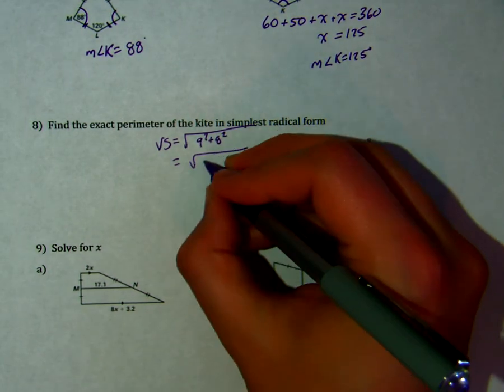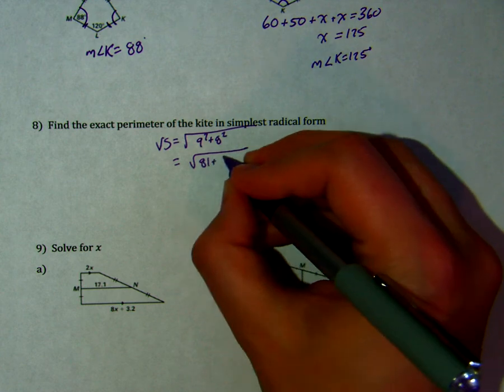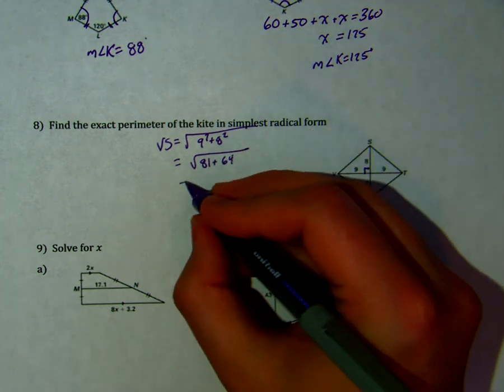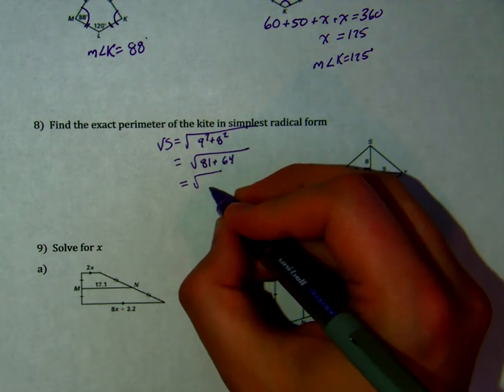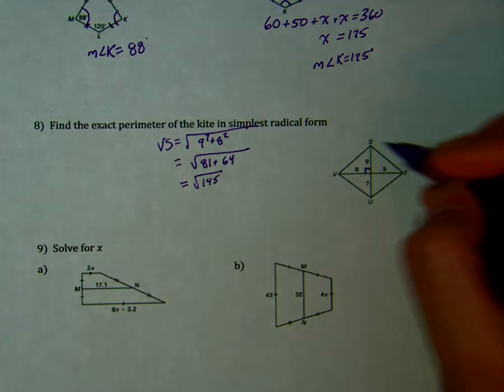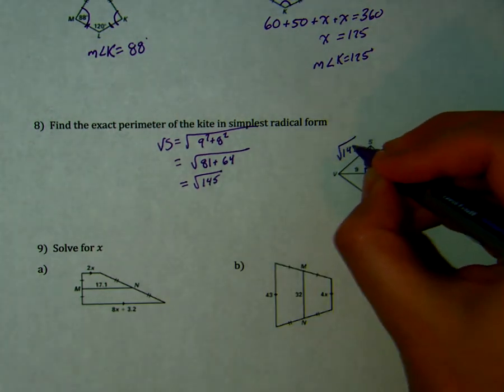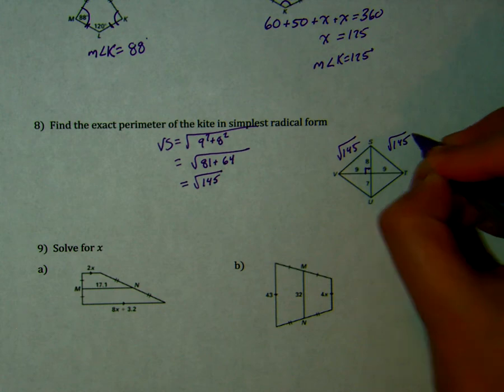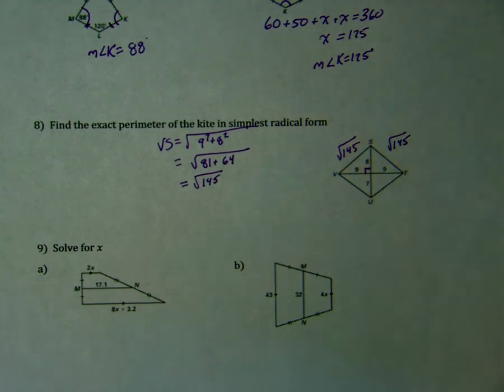So that's the square root of 81 plus 64. And that is the square root of 145. And that actually cannot be simplified. 145 is 29 times 5, so there's no perfect squares in there.